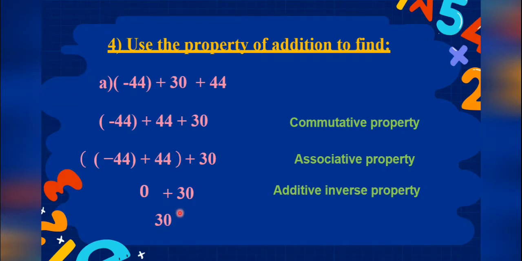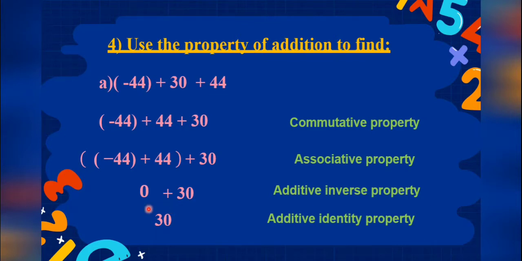So I will call this step the additive identity property, because it is the result of adding 30 to the additive identity, which is 0.